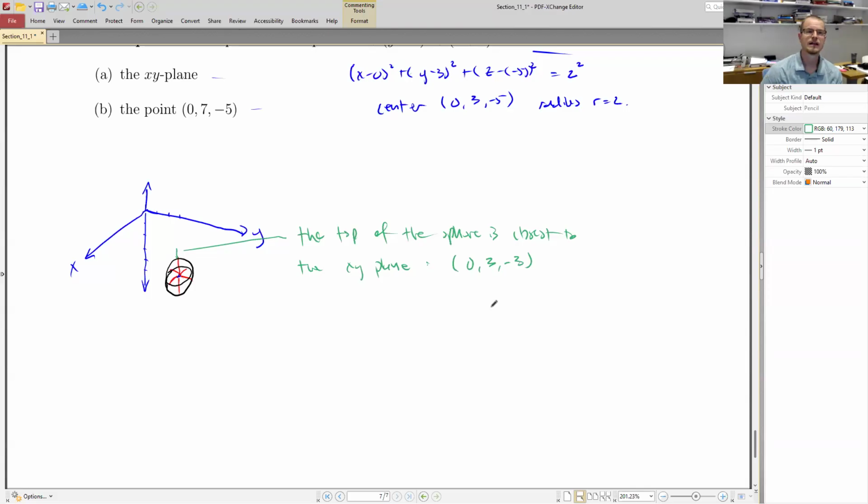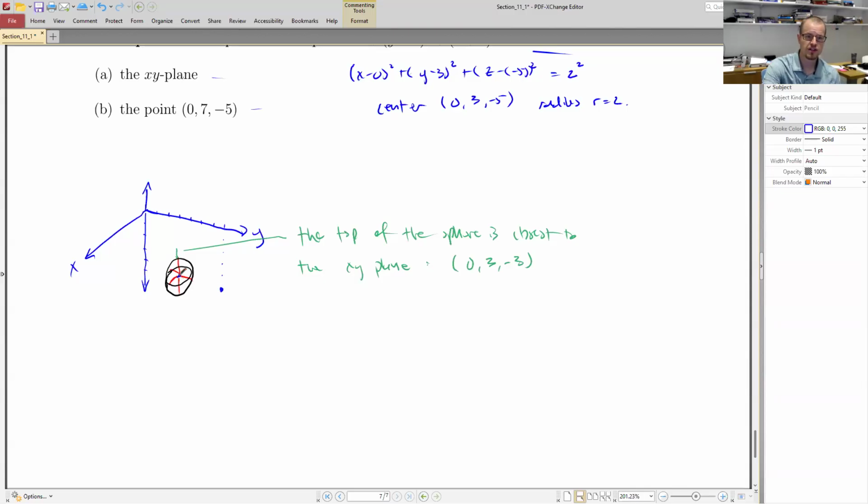Easy enough. Now what I want to notice is the point 0, 7, -5: 0 in the x direction, 7 in the y direction. So if I move over by 7, so this is 3, 4, 5, 6, 7, and then go down by -5, 1, 2, 3, 4, 5. That's right there.